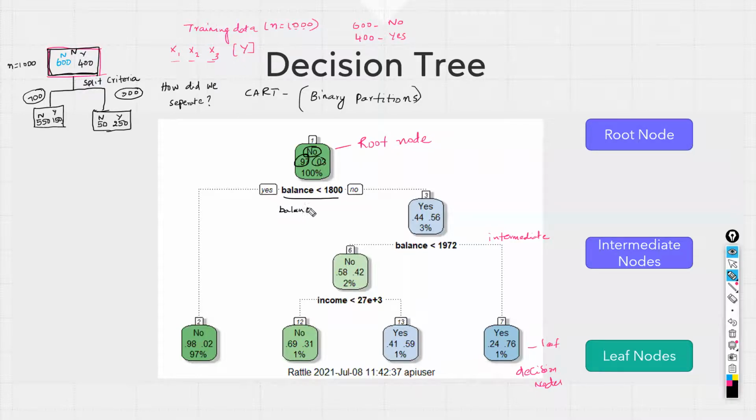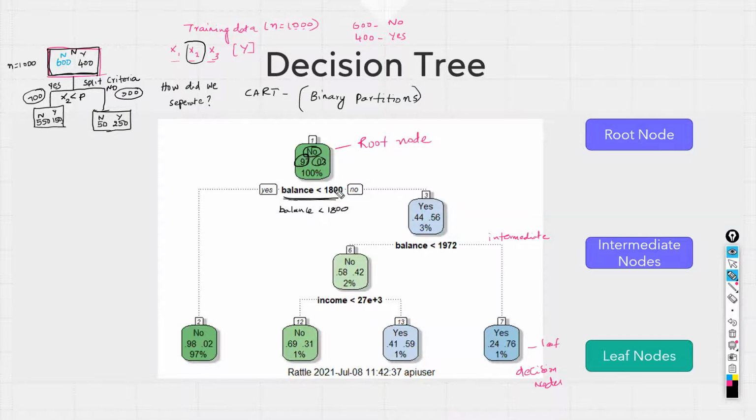Balance less than 1800: balance is one of the input variables and we are applying the split criteria. So like this, let's say I pick the split criteria x2 less than some p. When I split with this condition, x2 less than p, 700 observations satisfied that condition, yes, this side. 300 observations did not satisfy that condition, no, this side. Okay, so this is called the split criteria.